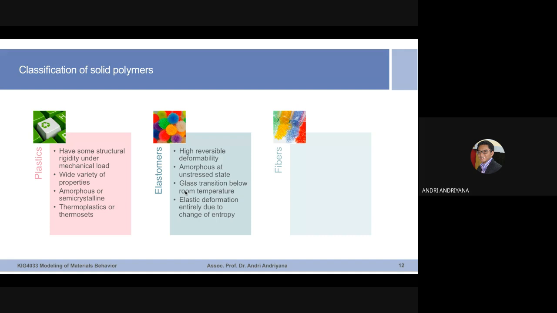And then there is a characteristic called the glass transition temperature. You have learned about this. For elastomer, the glass transition temperature is below room temperature. So what is the glass transition temperature? Basically, to recall, this is the temperature which marks the difference in characteristic of a polymer between glassy, stiff polymers and rubbery, soft polymers.